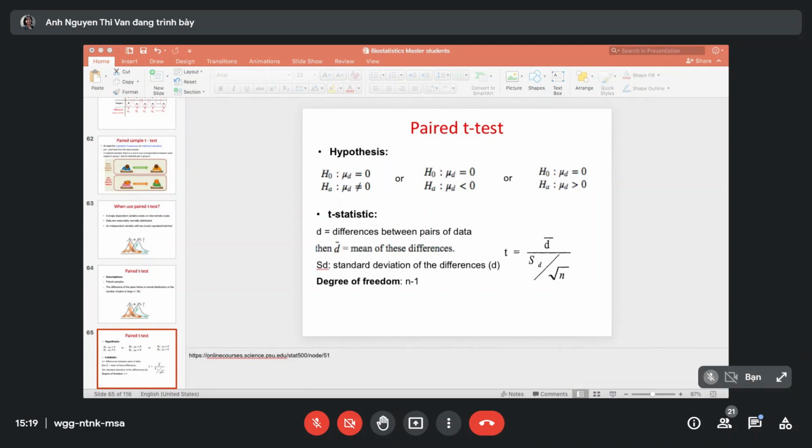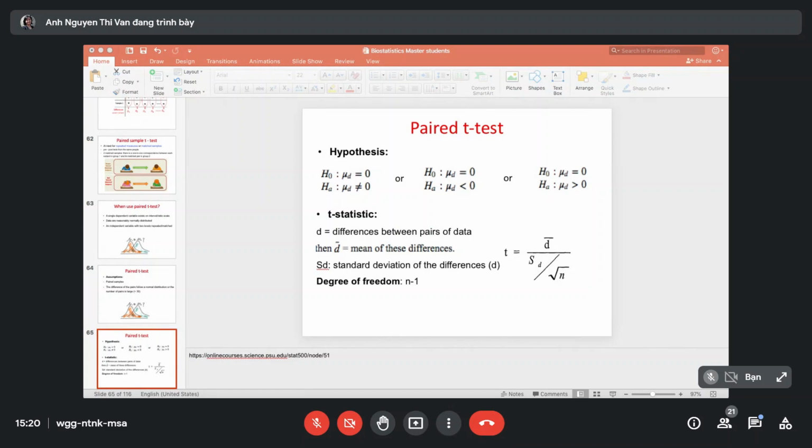And what table of statistics do we use? We need to use a table of statistics to find the critical value, exactly the same as we have done. Okay, so what table? I sent you the table.